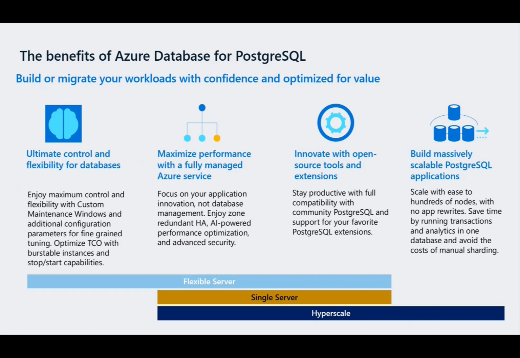And in the case of Citus, or Hyperscale, as we call it, since we purchased the Citus technology, it gives you a pretty unique capability to build massively scalable PostgreSQL apps by scaling to possibly hundreds of nodes, without attempting to rewrite code or rewrite your app.